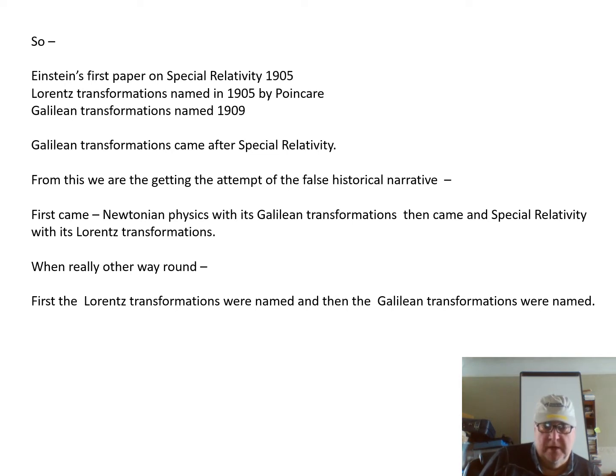From this we are getting the attempt of the false historical narrative, where the first false historical narrative is Newtonian physics with its Galilean transformations came first, and then that was followed by special relativity with the Lorentz transformations, when really it was the other way around. The first thing was the Lorentz transformations were named, and then the Galilean transformations were named.